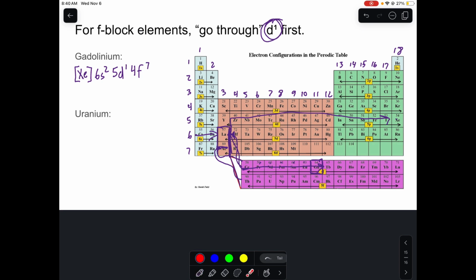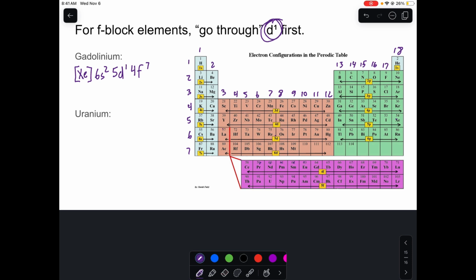When I say we drop down twice, what I'm saying is that we started right after xenon, came down to 6s, went through here, dropped down to the D sublevel, 5D1, then dropped down to 4F7. So having these indicators here telling you that when we start the F, it's 4F, and then 5F, is going to help you guys. Okay, so I'm going to erase all this because it's getting kind of messy.